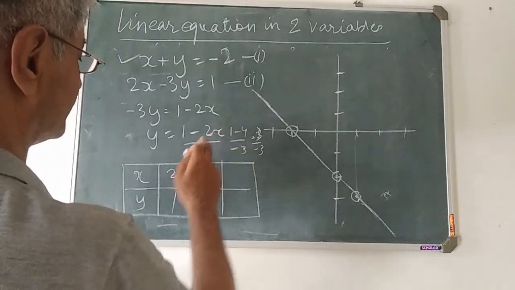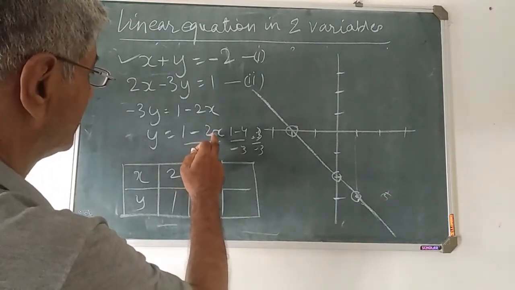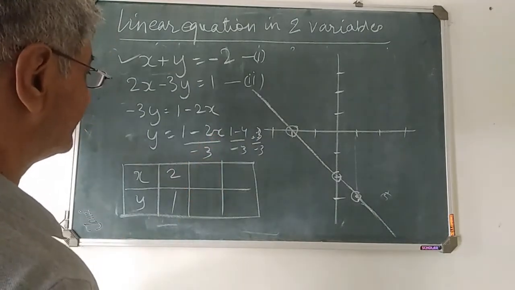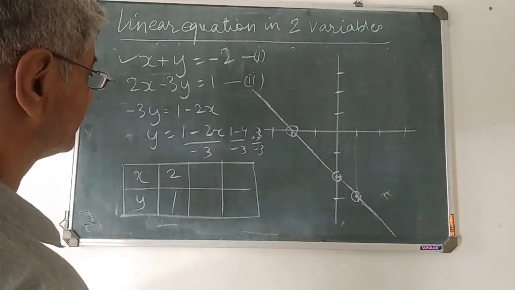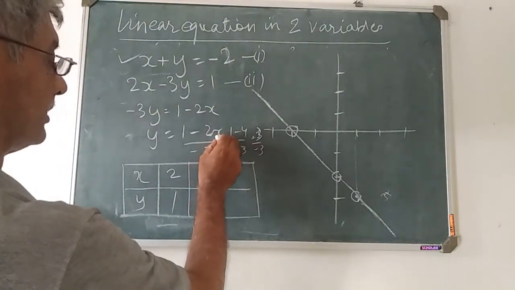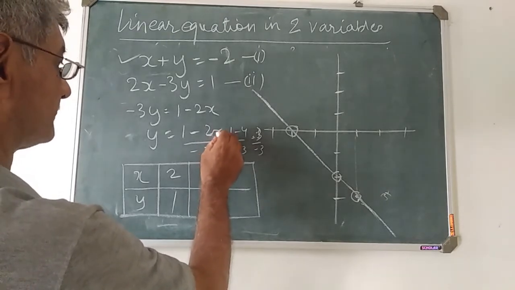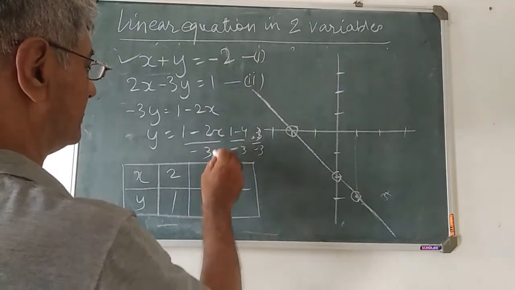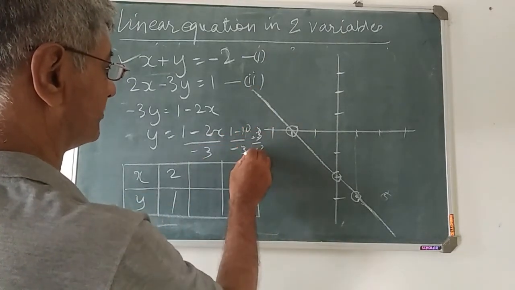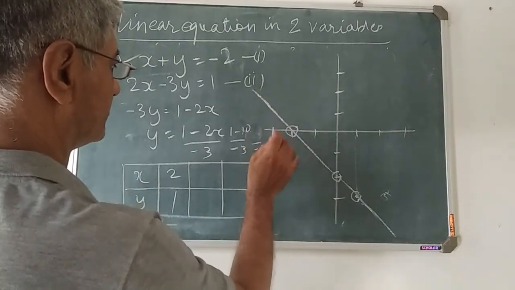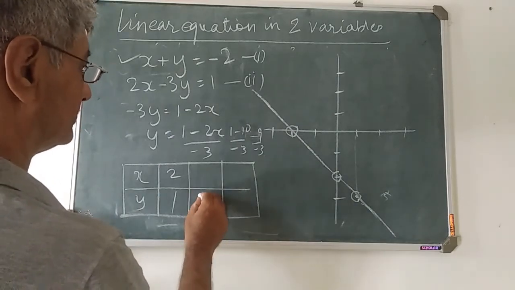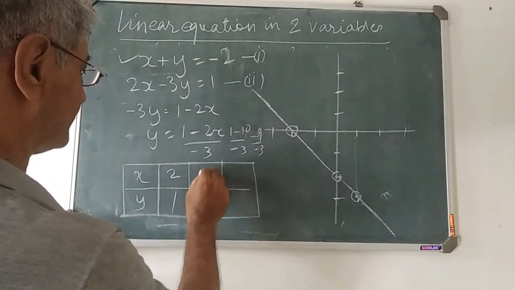If you take x as 5, minus 2 into plus 5 will be minus 10. 1 minus 10 upon minus 3 is minus 9 upon minus 3. So y will become 3 here if you take x as plus 5.